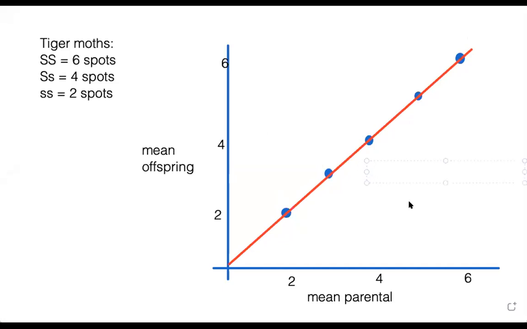You can estimate narrow sense heritability as the slope of this line. If you have a population, you can calculate the mean parental phenotype and the mean offspring phenotype, plot them like this, and your estimate of the narrow sense heritability is the slope of the best fit regression line. Here it's 1. If we had genetic dominance going on, the slope would not be 1. It would turn out to be a bit less than 1.